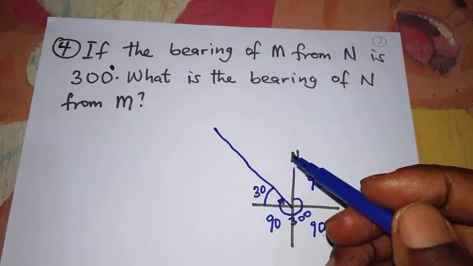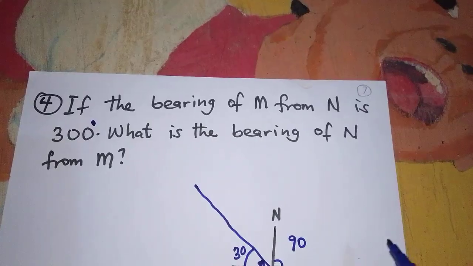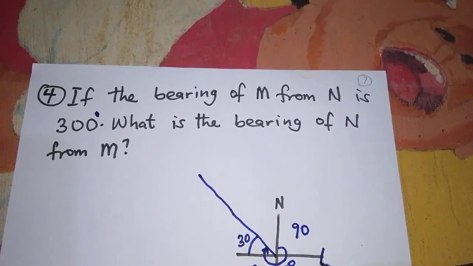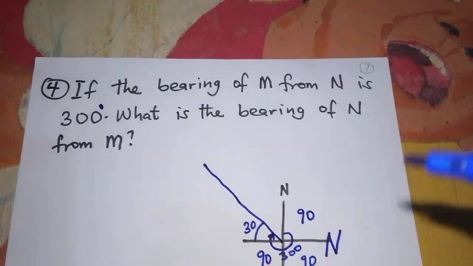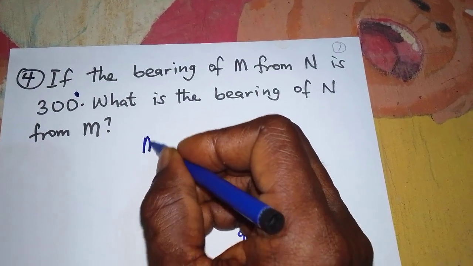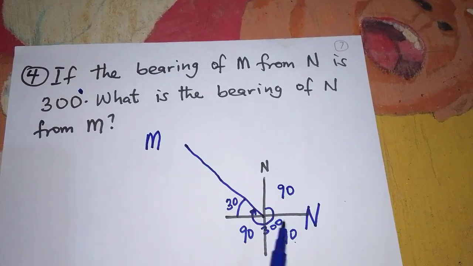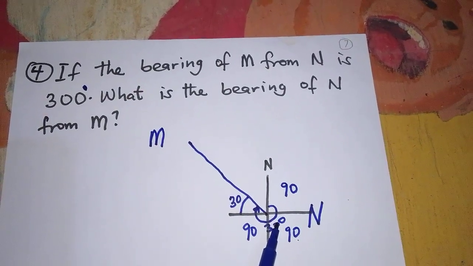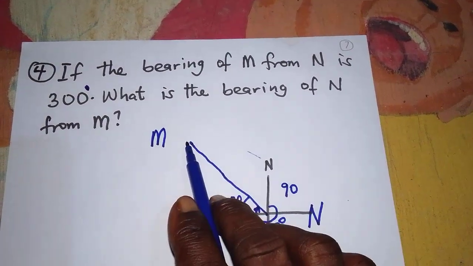Now let's go back to the question. If the bearing of M from N is 300, it means this point is M, this is N. What is the bearing of N from M?